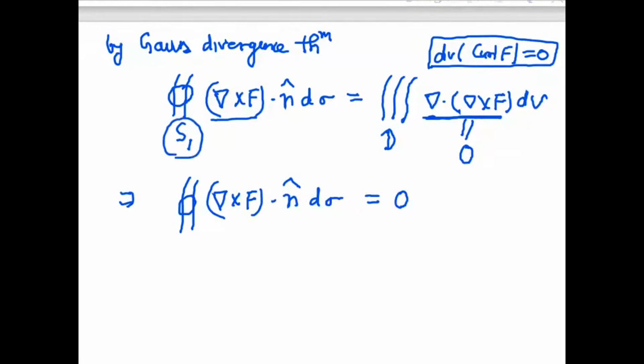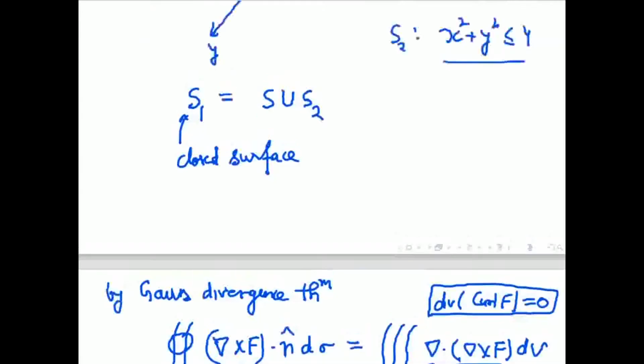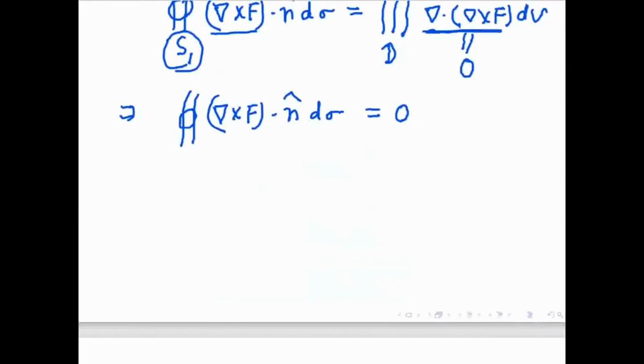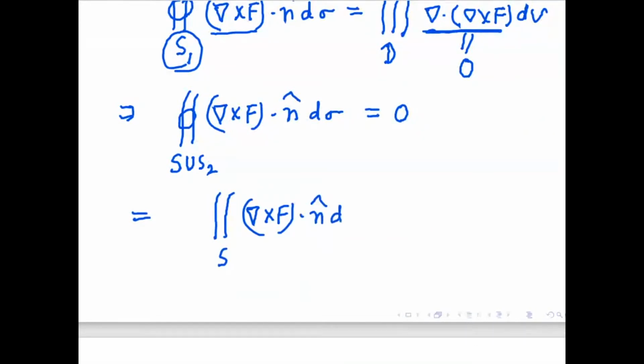And this S1 is nothing but the union of these two, that means surface S and surface S2. Over S and S2, by the domain additive property, the integral over S of del cross f dot n d sigma plus the integral over S2 of del cross f dot n d sigma is equal to 0.